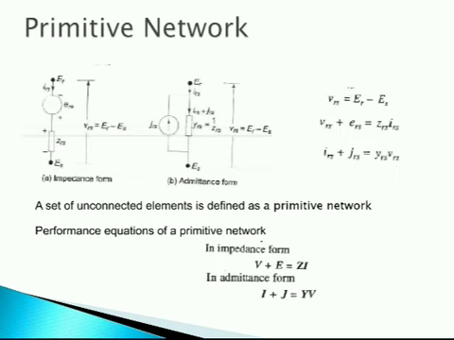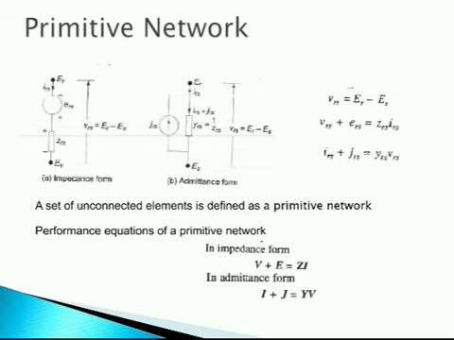Okay, the next part of the primitive network is that we have the elements of the primitive network either in the impedance format or in the admittance format. In the impedance format, the primitive network contains a voltage source and a source impedance, and in the admittance format you have a current source with a source admittance in parallel. Now why do you require this?